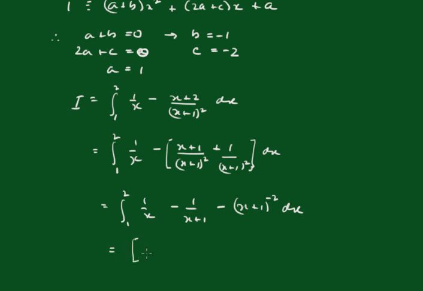Now we can integrate. So that becomes the log of x minus the log of x plus 1. Now we add 1 to the power, minus 1 over minus 1 makes it plus 1 over x plus 1, between 2 and 1.